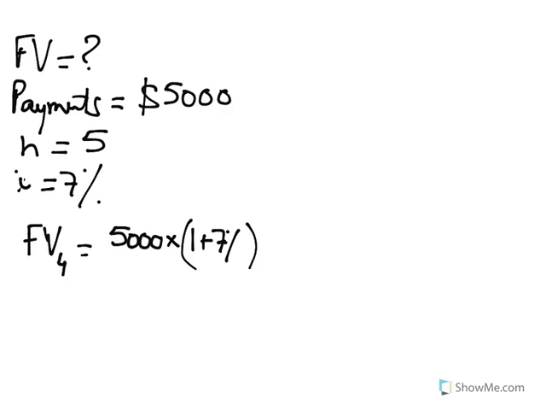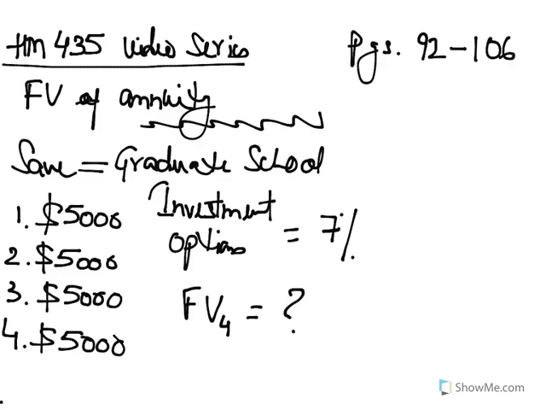to the power of, now let's go back to this slide for a second. Remember, you are currently in year 0. Let's suppose that you want to take the first $5,000 all the way to year 4, or you want to see the future value of the first $5,000 in year 4.